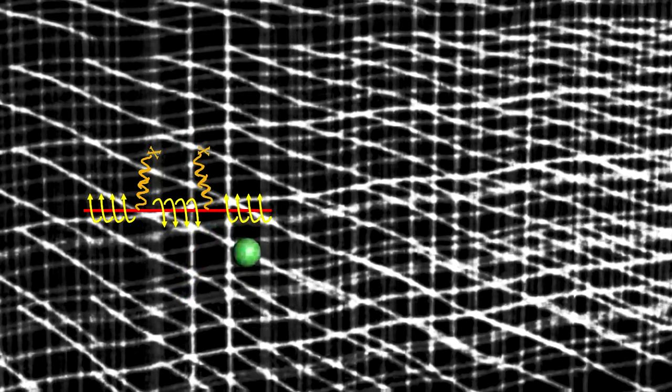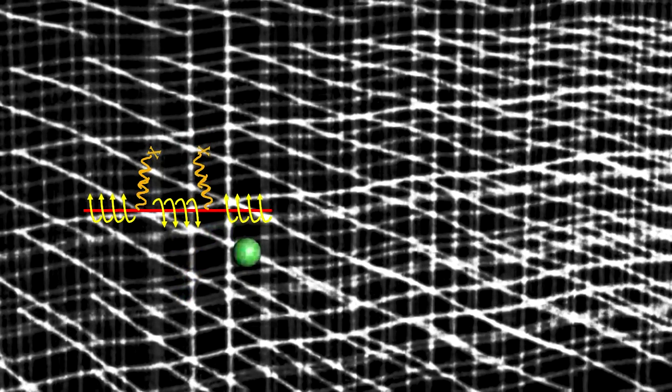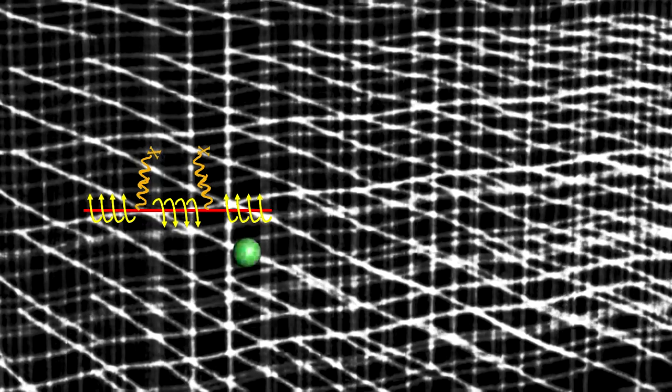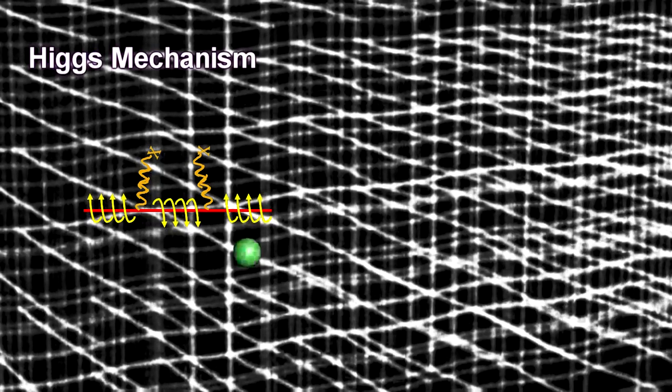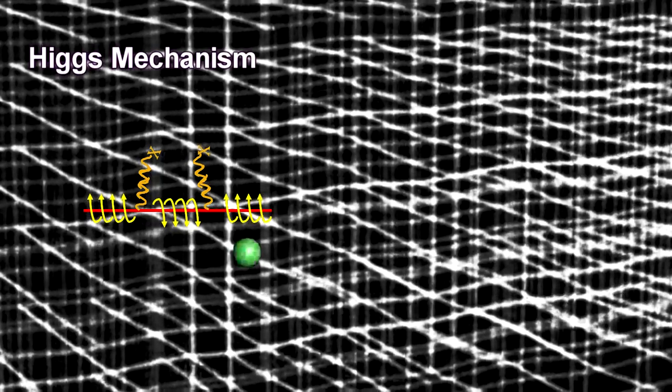A particle carrying weak charge could use a weak charged virtual Z boson to move the charge to this condensate without noticeably changing the field. And it could use the same mechanism to absorb a weak charge from the condensate without noticeably changing the field. This was called the Higgs mechanism.